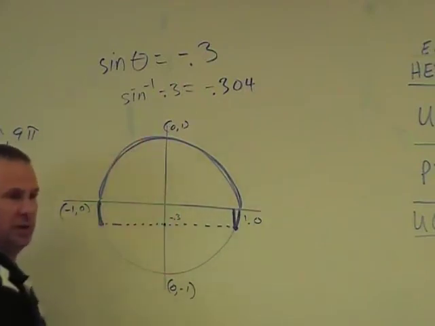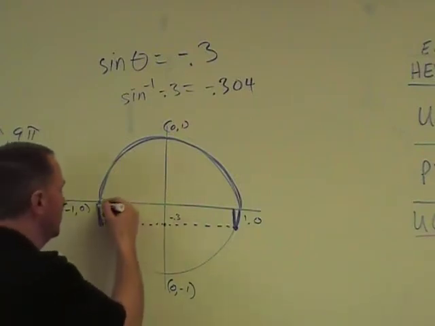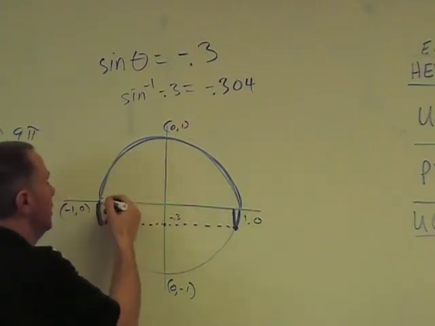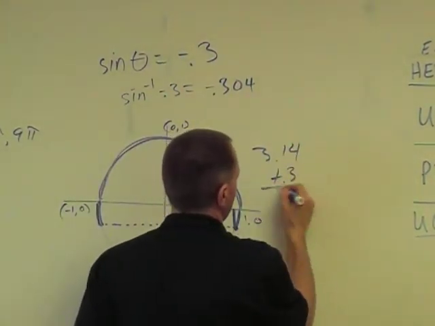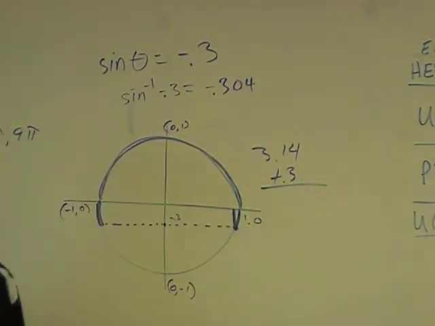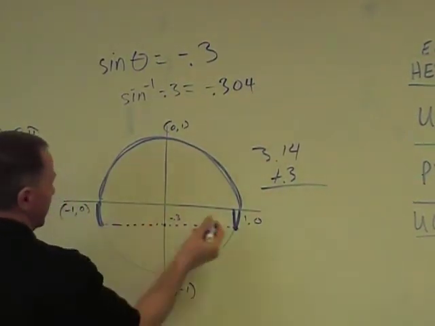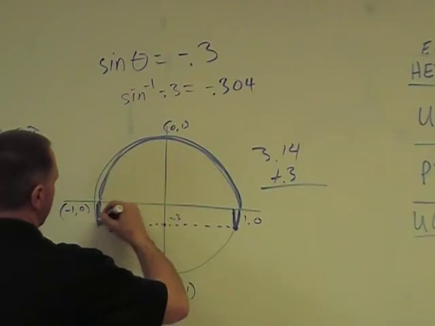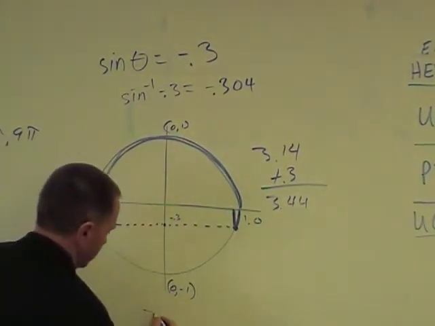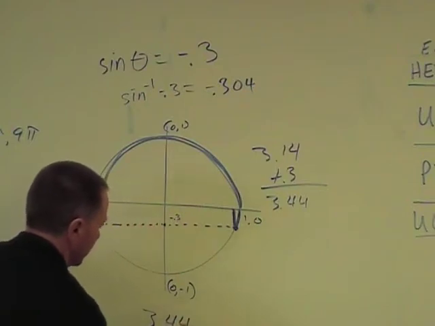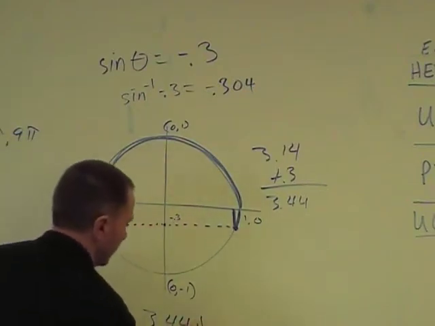Yeah, it's 0.3. The distance is not negative. It's 0.304. Okay, well, what's 3.14 plus 0.3? We just rounded the 0.304 to just 0.3. And then you get your position from all the way here, all the way around to there. 3.44. Alright, so that's one of those positions.